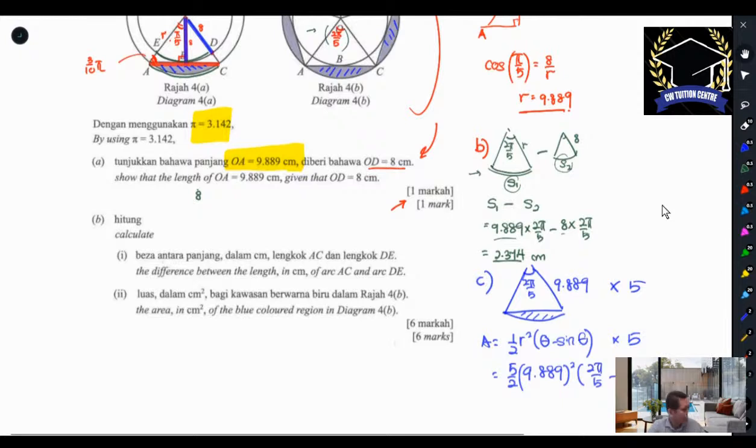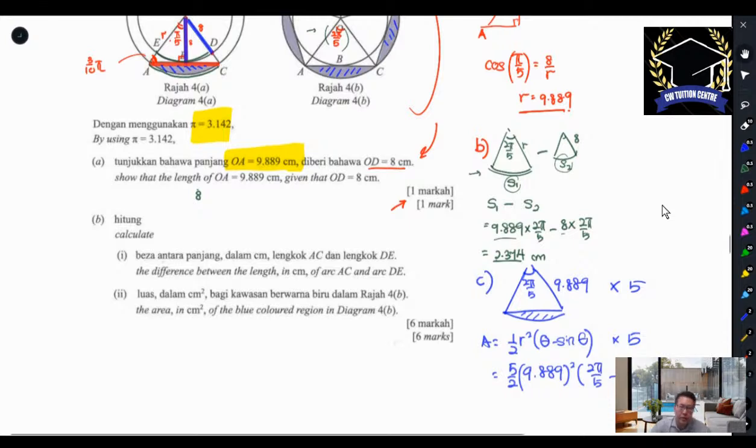2 divided by 5 times 3.142 minus sine, times 9.889 squared times 5 over 2.